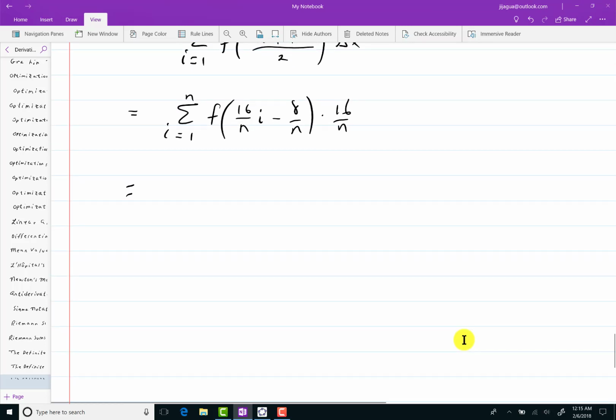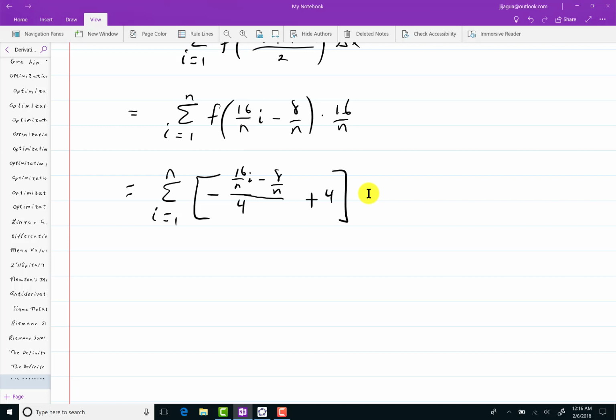That equals a summation i equals 1 to n. And this is the stuff that's going to go in for x. Negative, remember it's x over 4, so I'm going to have 16 over n i minus 8 over n plus 4 times 16 over n. Let me simplify a little bit down here.